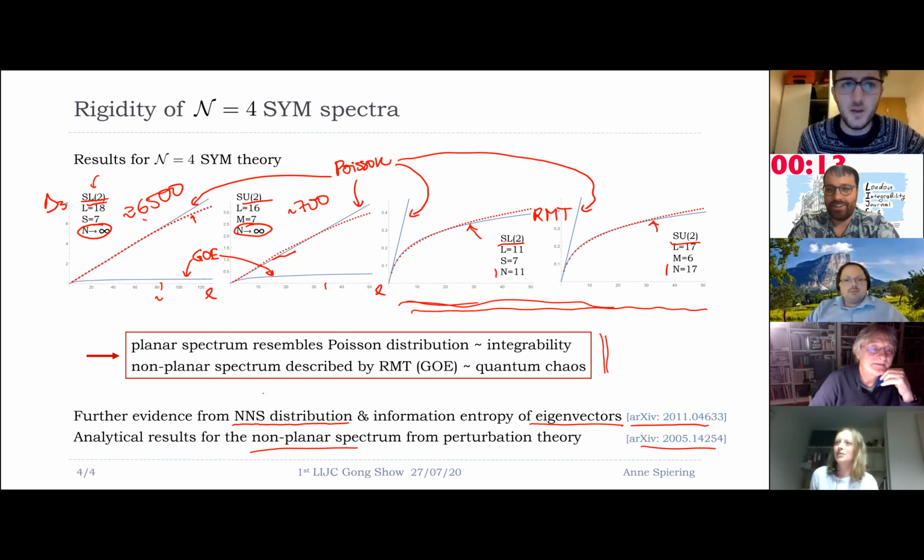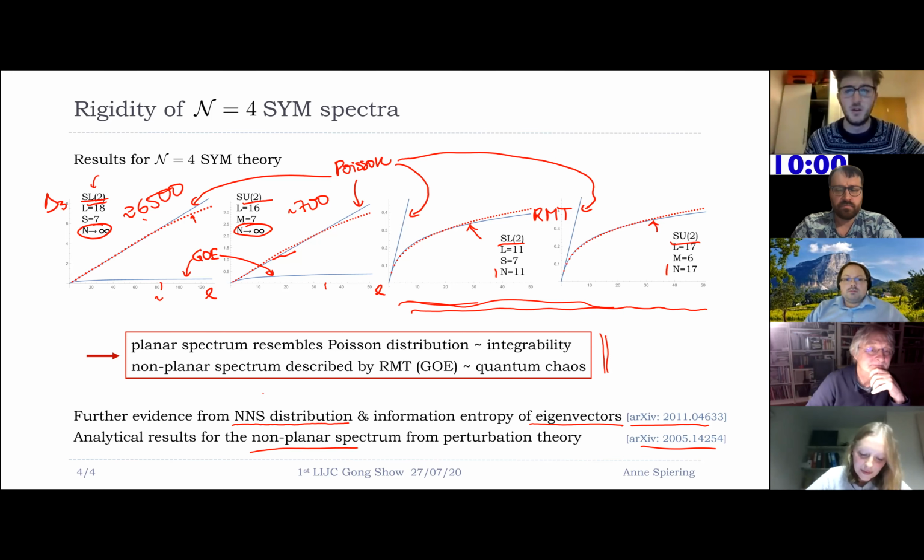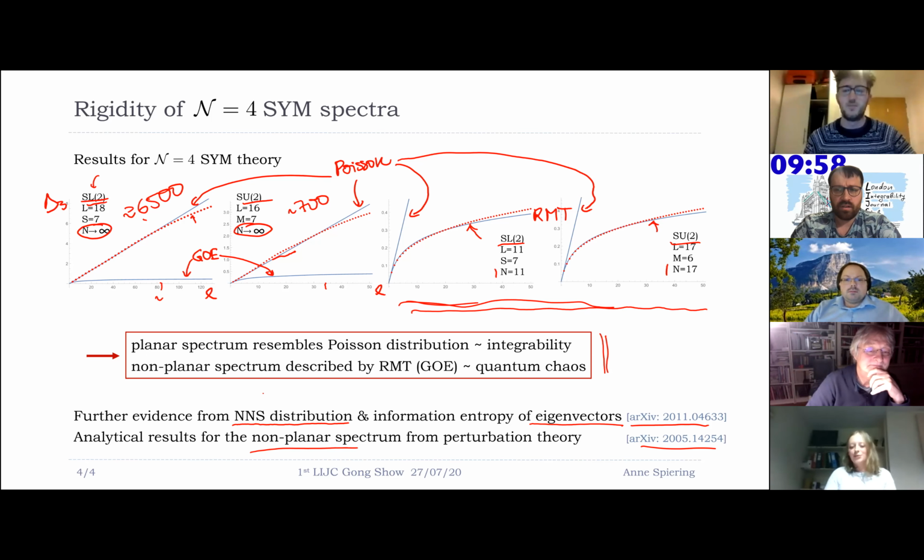Okay, I'm a bit lost. Why do the red dots deviate from the blue line at large L? Yeah, that's a very interesting question. Of course, if the spectrum was completely random, for example here in the integrable case, then the dots would follow this blue line until the end of the spectrum.